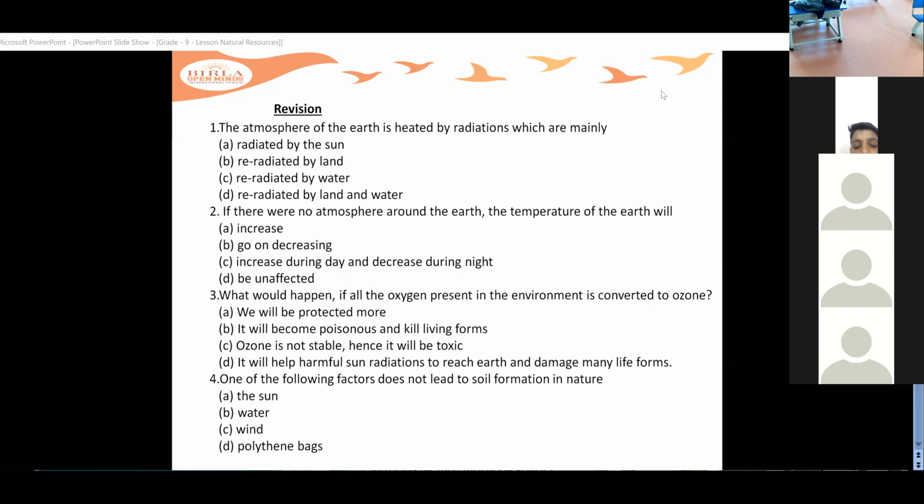If you see the third question, what would happen if all the oxygen present in the environment is converted to ozone? What could be the result of that?